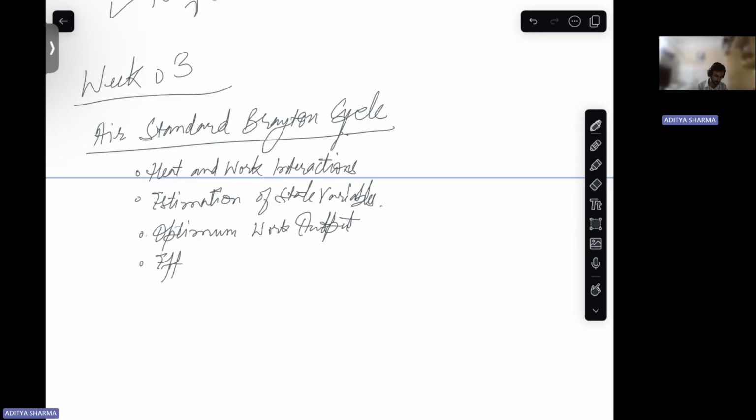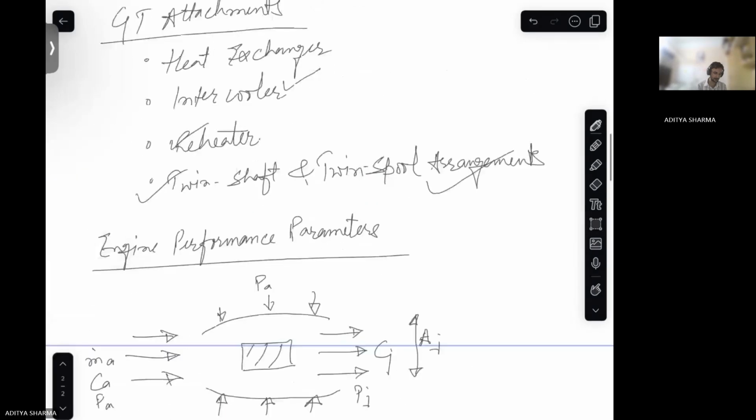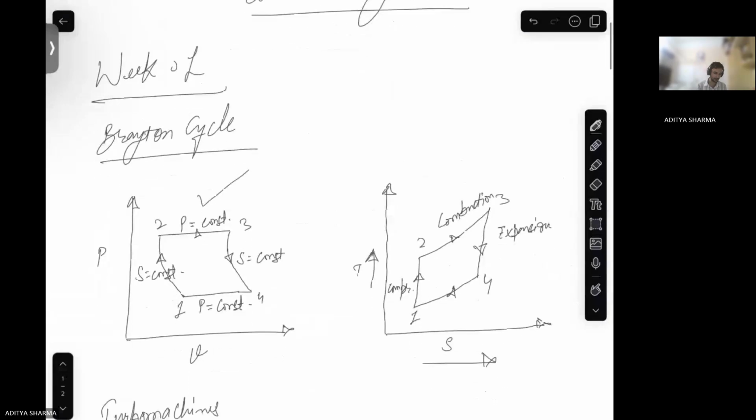Then efficiency. All these things have been discussed in your air standard Brayton cycle.